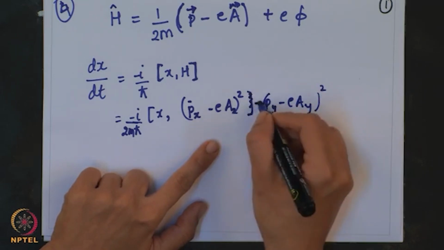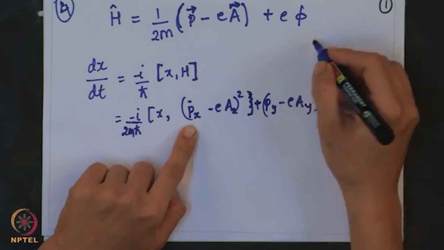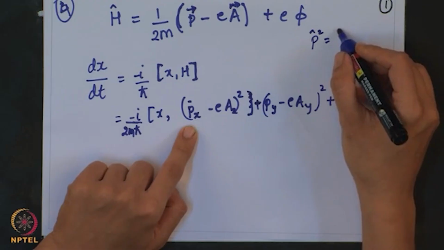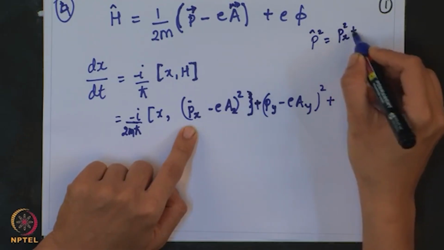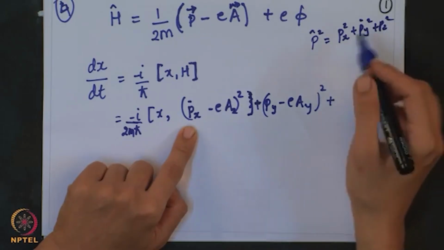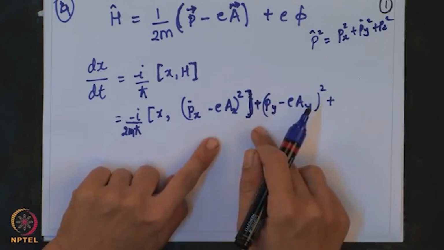the same way we used to write for operator p square. How did we write it? We wrote it as px square plus py square plus pz square, correct. So, here only the px term will contribute, that is why I am writing only this term.